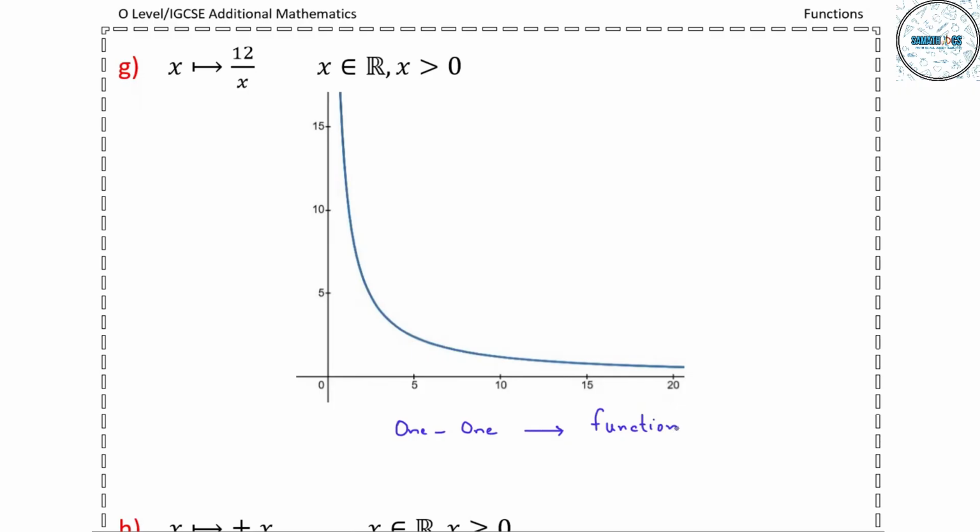We can also check by just drawing the vertical lines. So vertical lines are intersecting this curve at just one point. So it means it is a function.